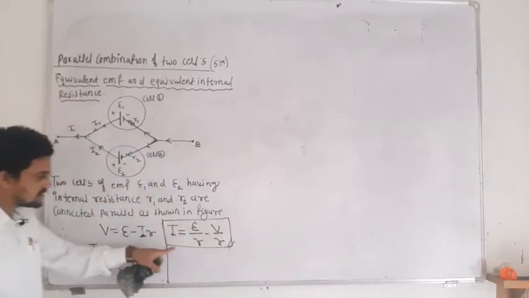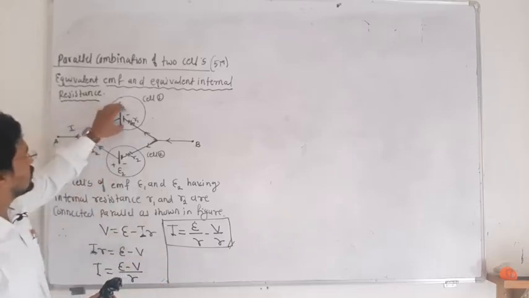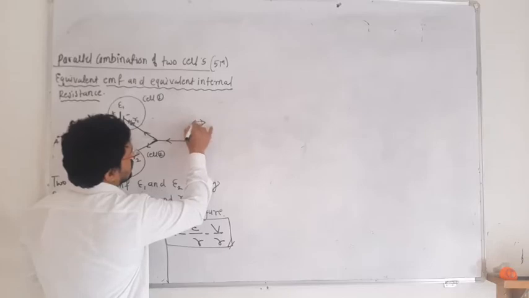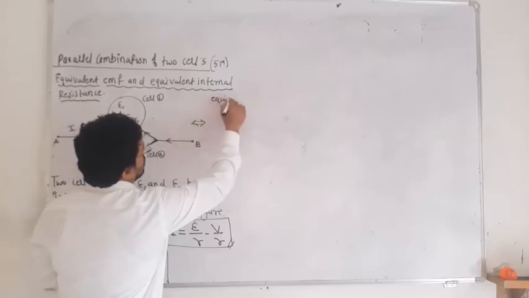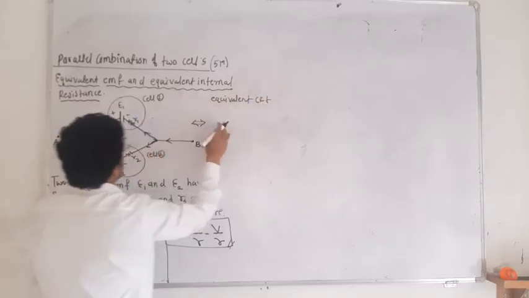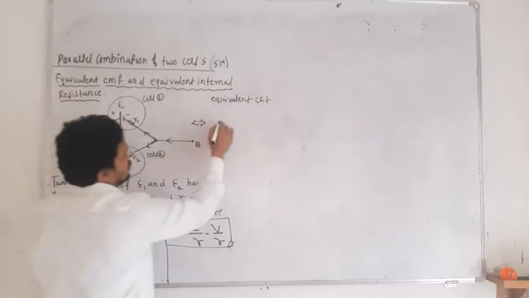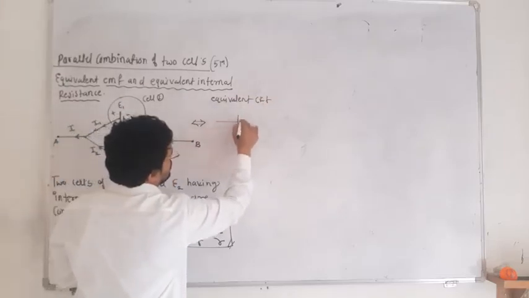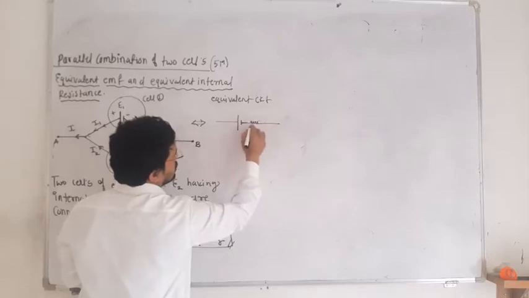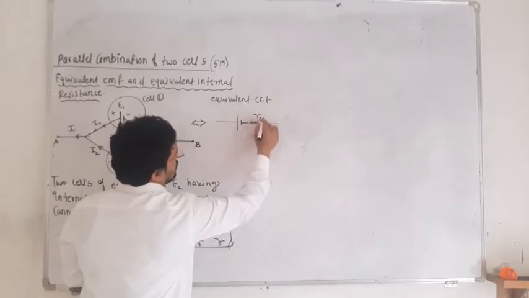Now apply this equation to cell 1, cell 2, and the equivalent circuit. The equivalent circuit is what you get by combining the two cells, with positive and negative terminals and one internal resistance. Combining the two cells gives E equivalent, and combining their internal resistances gives R equivalent.